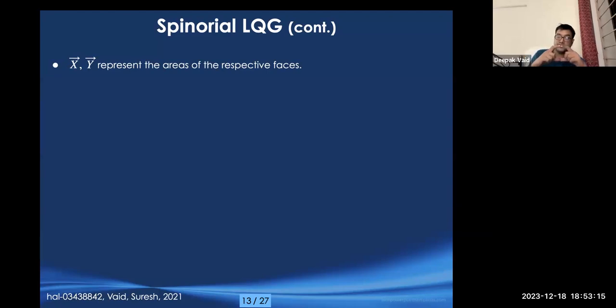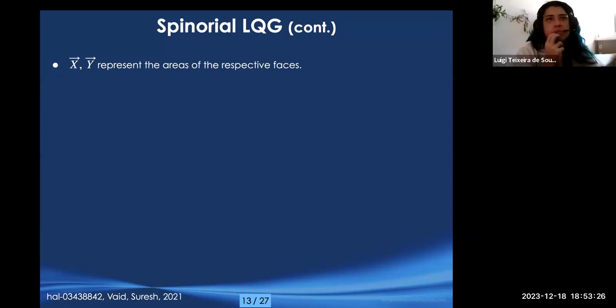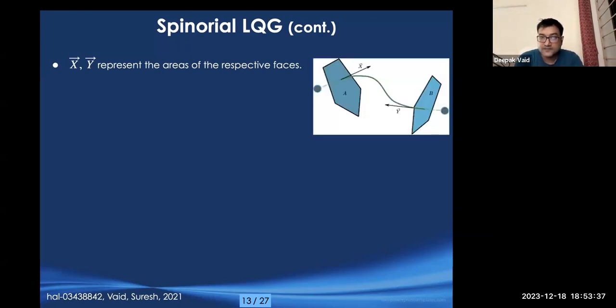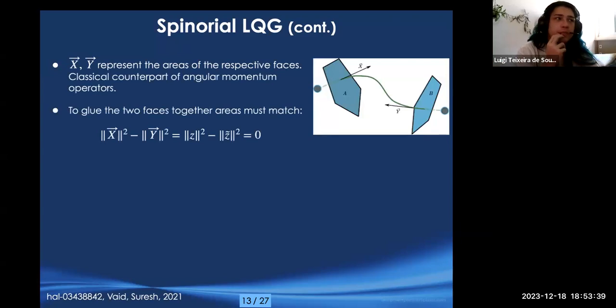It's like in a tiling, if you have two tiles and you want to put them together. I mean, you could have a more complicated situation where you have two surfaces which add up to the same area as this surface and glue it like that also. But this is the simplest case, that the areas must match.